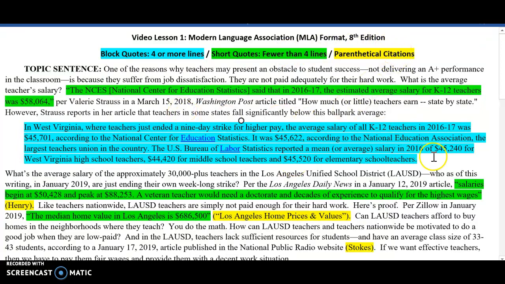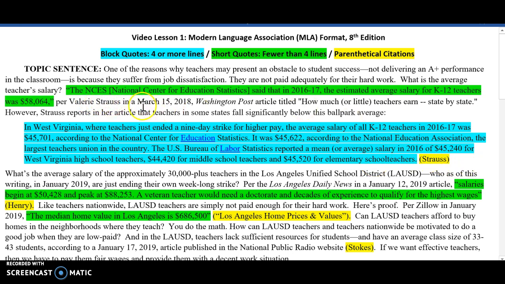Okay, something else I wanted to cover is where a parenthetical citation would go after a block quote. Okay, so I have quoted Valerie Strauss up here. I've put her name in, so I don't need her last name beneath it following this block quote because I know I'm quoting Valerie Strauss from her article.